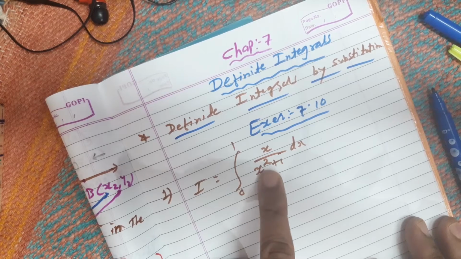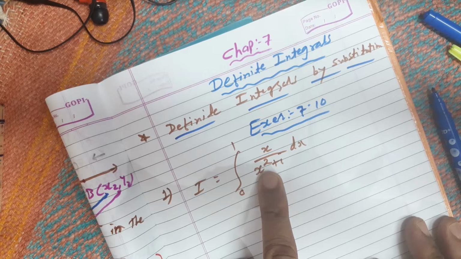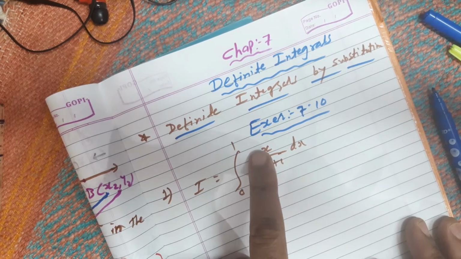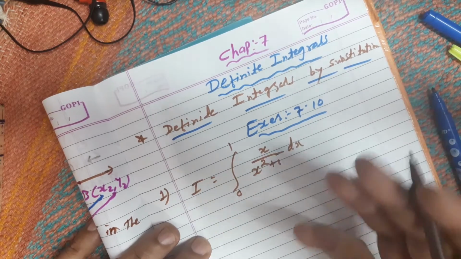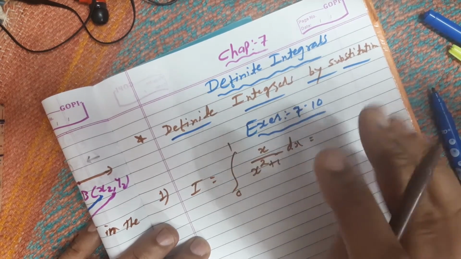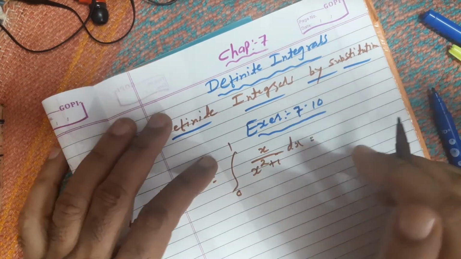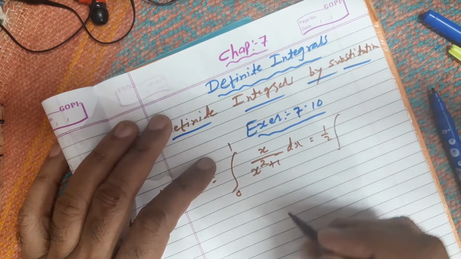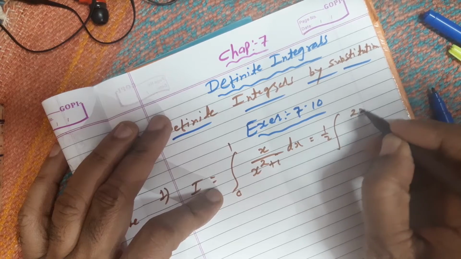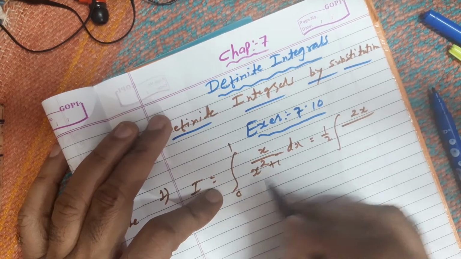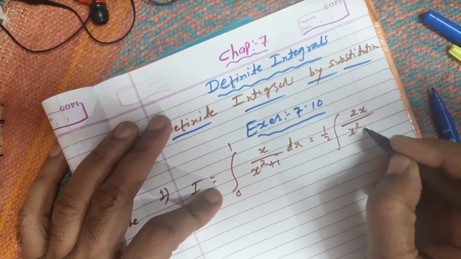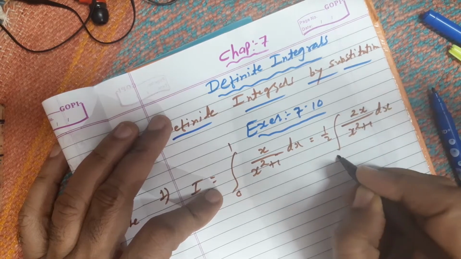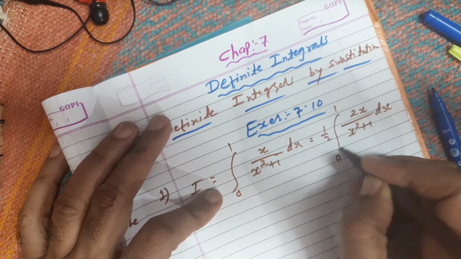What is the derivative of the denominator? 2x. So you can make 2x over here, no? So why go for substitution, even if it says an exercise of substitution only? I will divide and multiply by 2. So the numerator would be 2x now, upon x square plus 1, from 0 to 1.